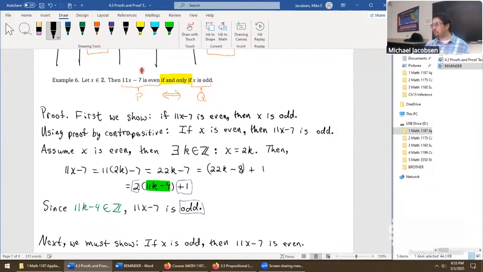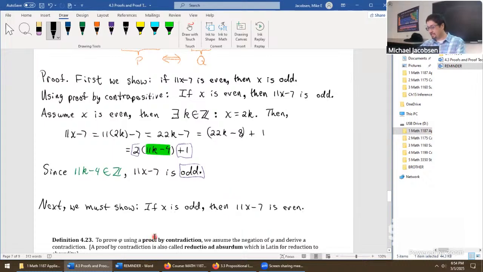That's the converse of the original statement, not the contrapositive. Notice how different it looks. If x is even, 11x minus 7 is odd, versus if x is odd, 11x minus 7 is even. I mean, they sound the same, but truly different statements.